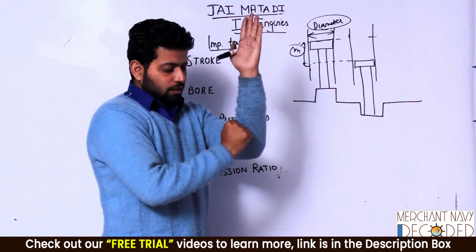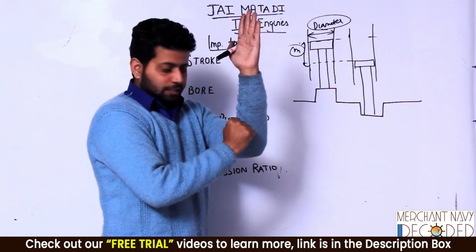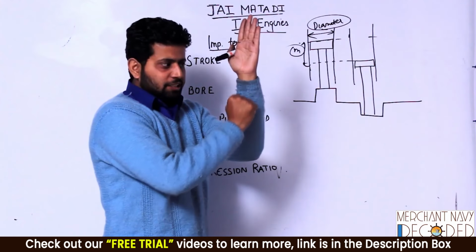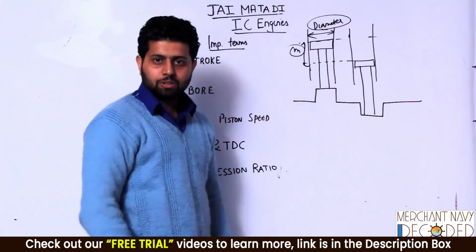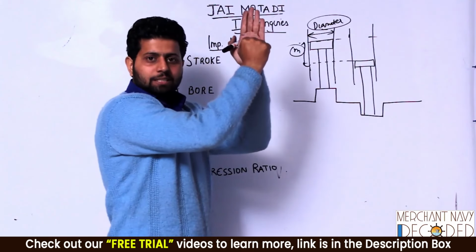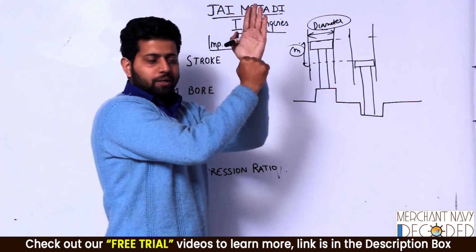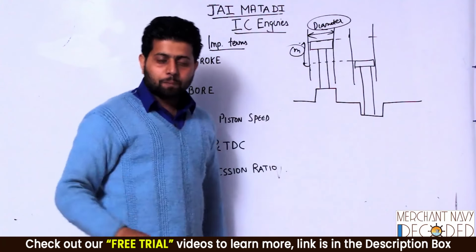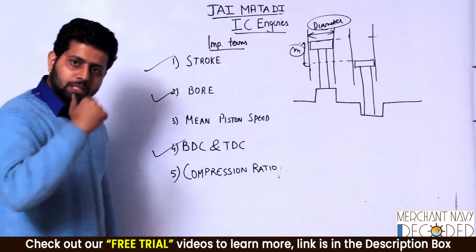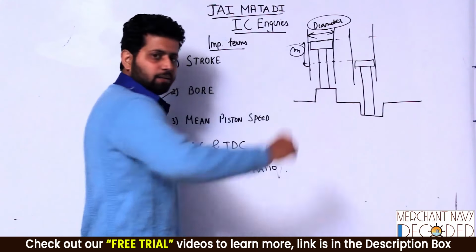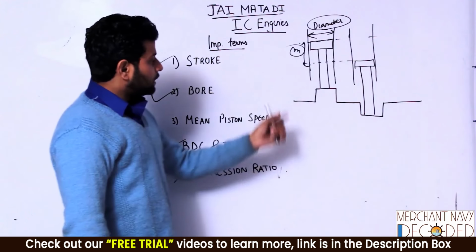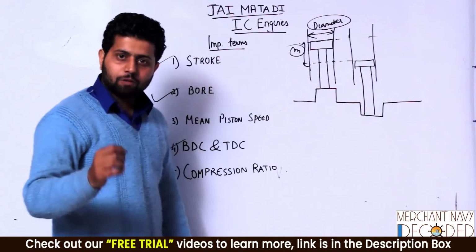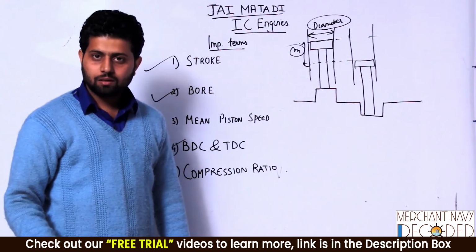So basically, it starts from 0, reaches its maximum, slows down, and then becomes 0 again, and then again it increases speed to the maximum at the midpoint, and then again it becomes 0. So the speed of the piston is changing throughout the cycle. What is mean piston speed? Mean piston speed is the average speed of the piston throughout the cycle.